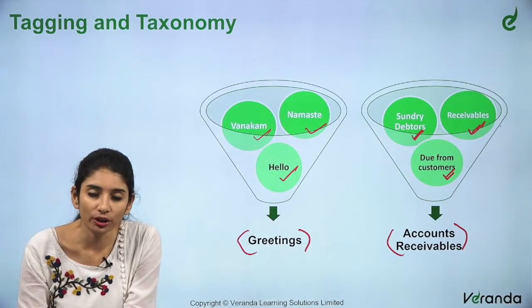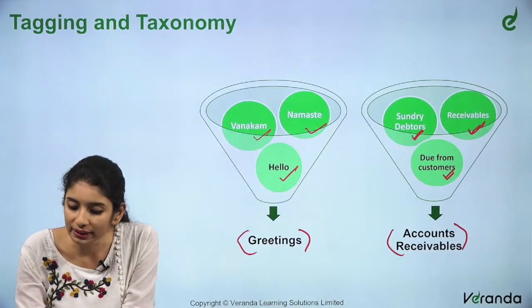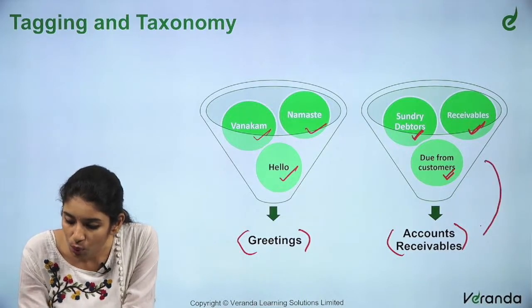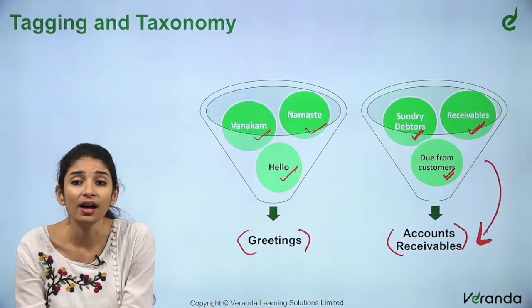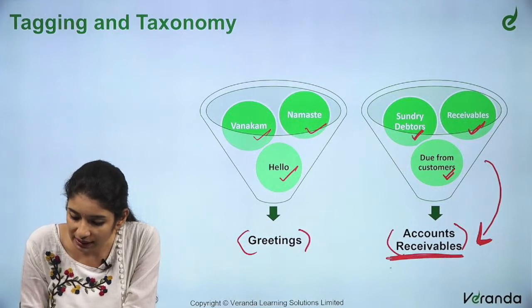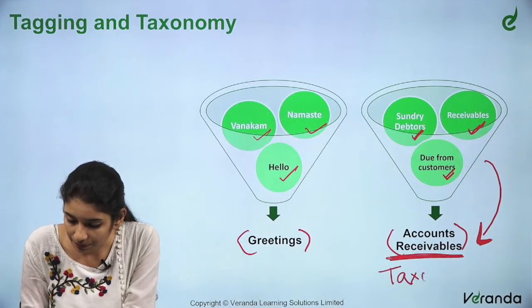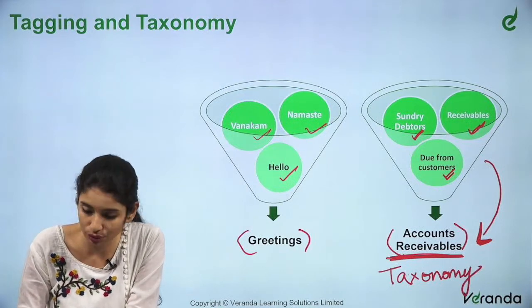XBRL reporting is a process through which all these are standardized into one single term that is defined by the XBRL standard. This term is known as taxonomy, which is globally used.